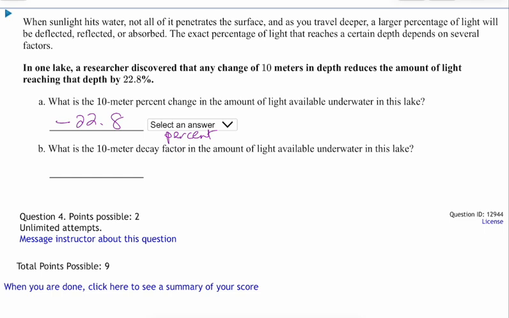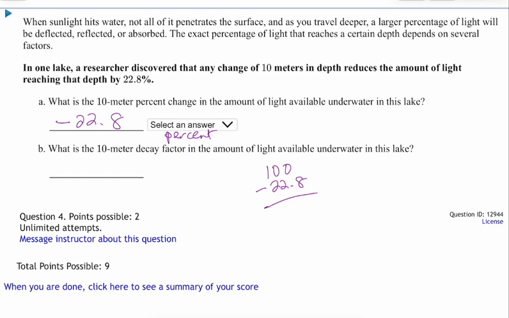Now right underneath that it says, what is the 10-meter decay factor in the amount of light available underwater in this lake? The decay factor, remember, is you start at 100, you take off 22.8 to see what's left, and that would be your decay factor.